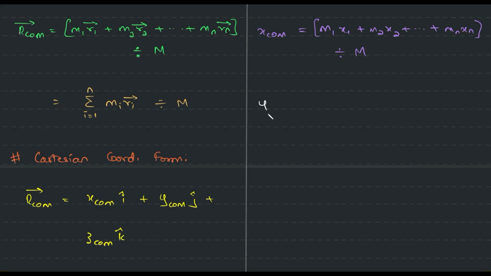Okay, so basically I can always write all of this as summation of mi xi divided by M, where i varies from 1 to n. Similarly, you have your z also, so on and so forth.